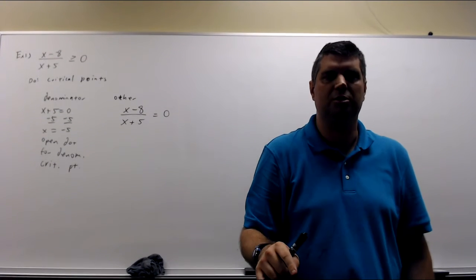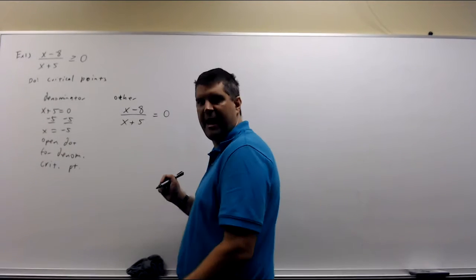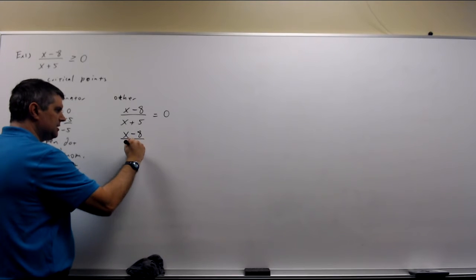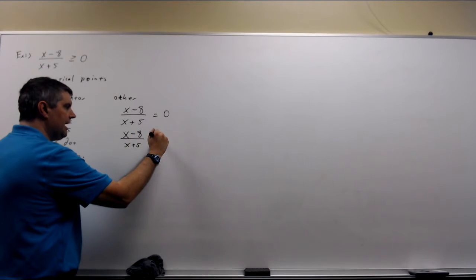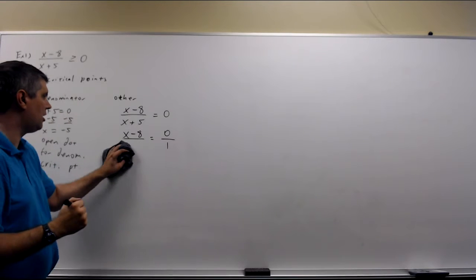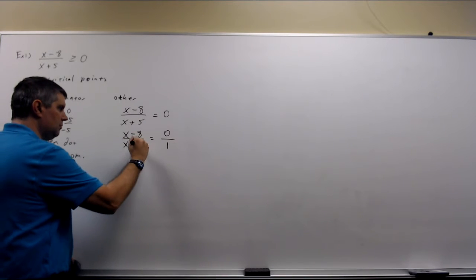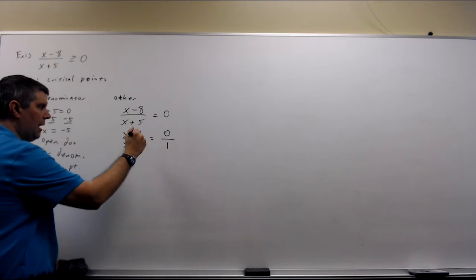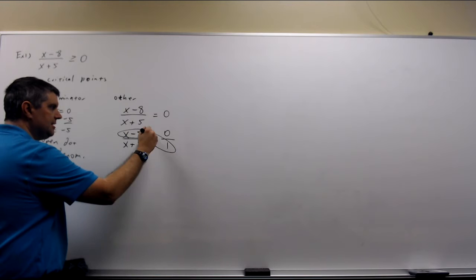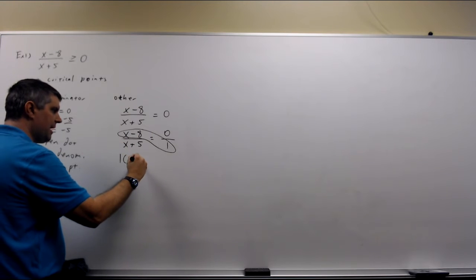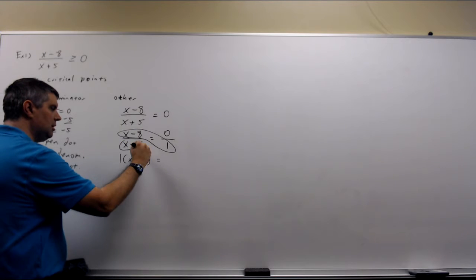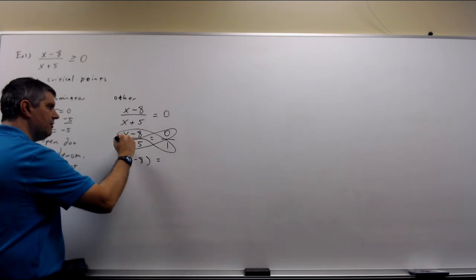Okay, so here goes. So I have (x minus 8) over (x plus 5). I recommend converting it into a proportion by setting any whole number or integer over 1. That will allow me to cross multiply, so 1 times (x minus 8) equals 0 times (x plus 5).